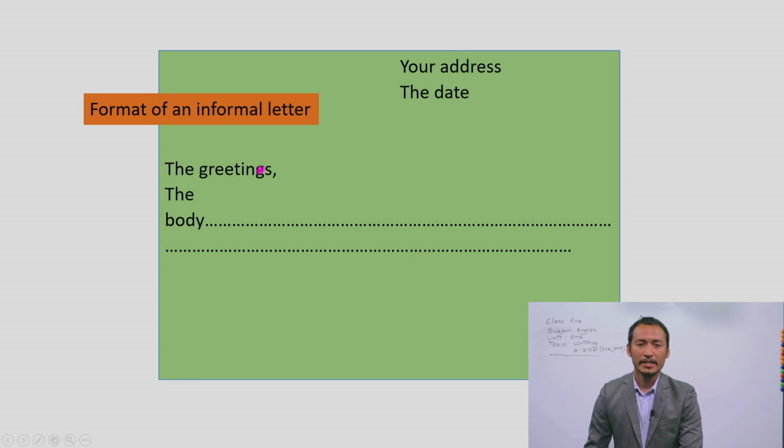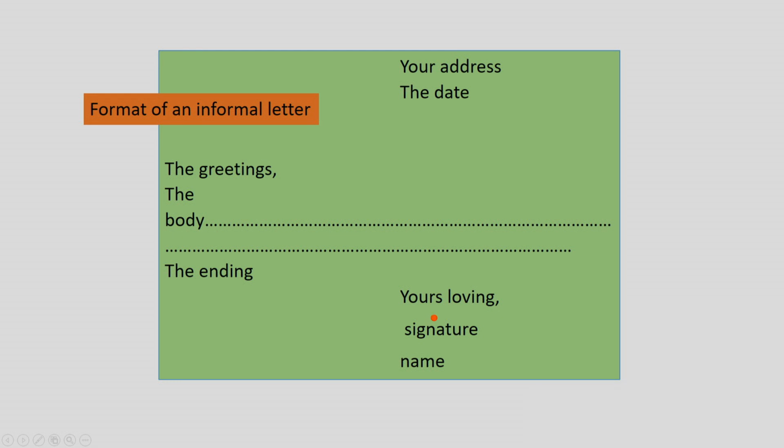I'll show you later what greetings are, what the date is, and how you write the address. Just look at where their places are. And yours lovingly, you close here and you sign, and then you write your name. Are you following me?